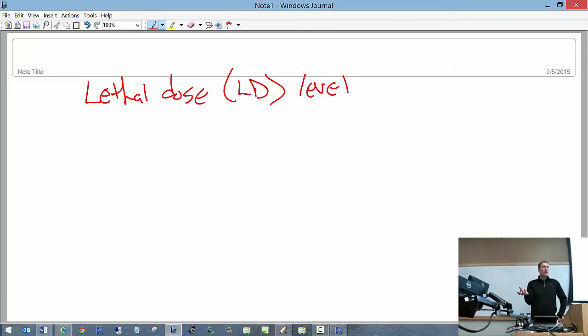And you want it to be 90% effective. So in other words, you're looking for the lethal dosage level in order to kill 90% of all scorpions.